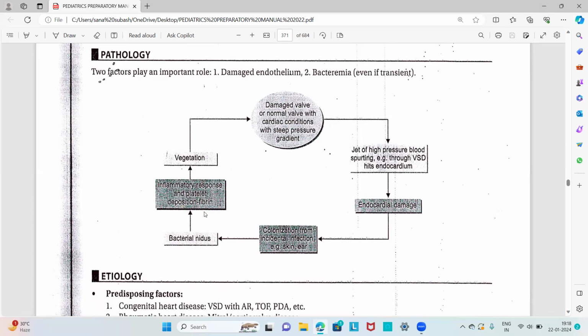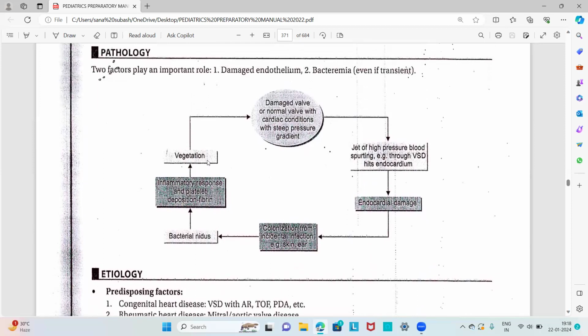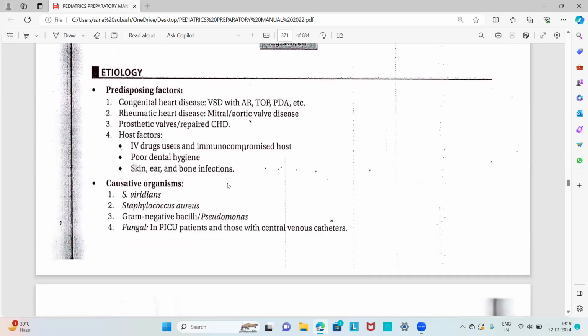That results in an inflammatory response, platelet and fibrin deposition, and the formation of vegetation. These vegetations can be embolized and result in thromboembolic events, and also some other signs and symptoms of infective endocarditis. That is the pathogenesis of infective endocarditis.